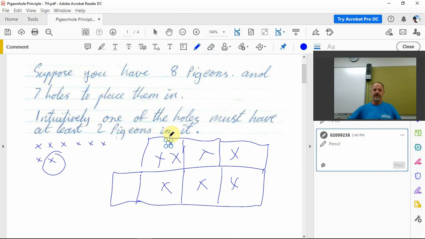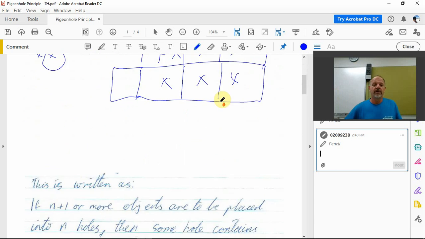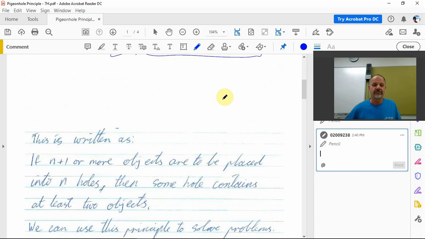All right, so all that last bit of waffle is, if you've got 8 pigeons, you've got 7 holes, you can stick 7 of them in a hole by themselves until you put that last one in, and then one of the holes has got to have at least 2 in it. So how are we going to write this?